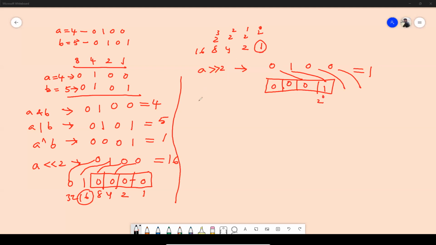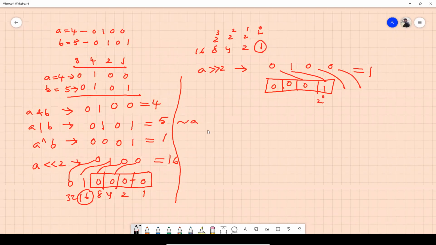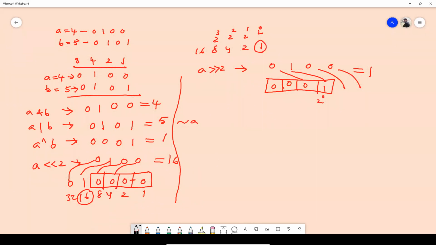Okay. Now we'll talk about the tilde. Apart from that, we have some shortcuts.